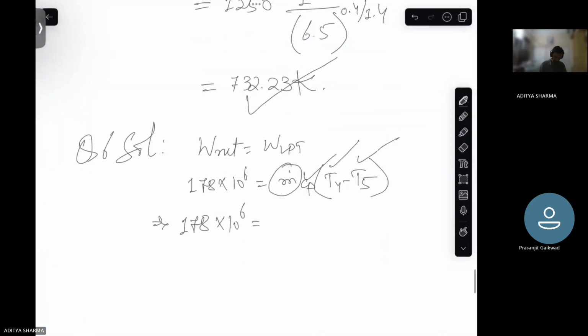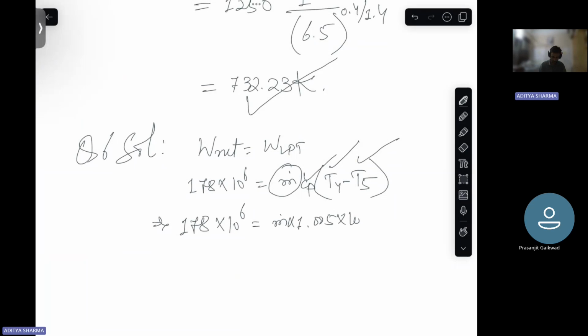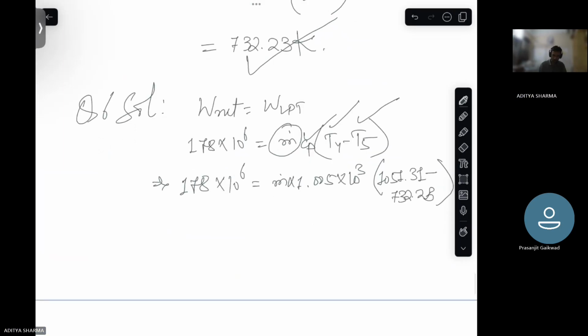All right. So here we need to find the mass flow rate. Cp is 1.005 into 10 raised to power 3. T4 is 1051.31 minus T5 is 732.23. It implies mass flow rate is equal to 10 raised to power 6 divided by this.